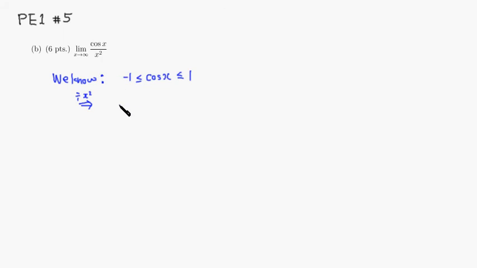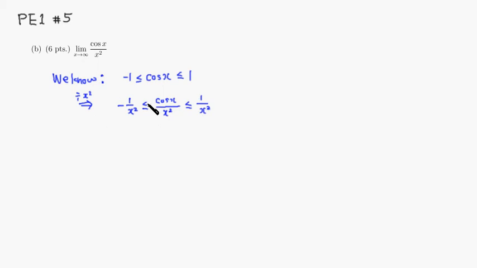So we have negative 1 over x squared is less than or equal to cosine of x over x squared is less than or equal to 1 over x squared. Right, so you can see that this is the smallest guy, and the middle guy is the guy we're interested in, and the larger guy, right?